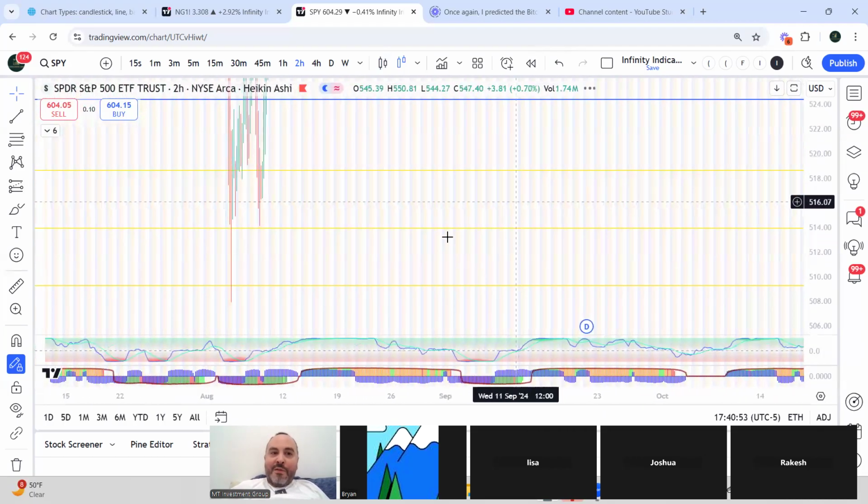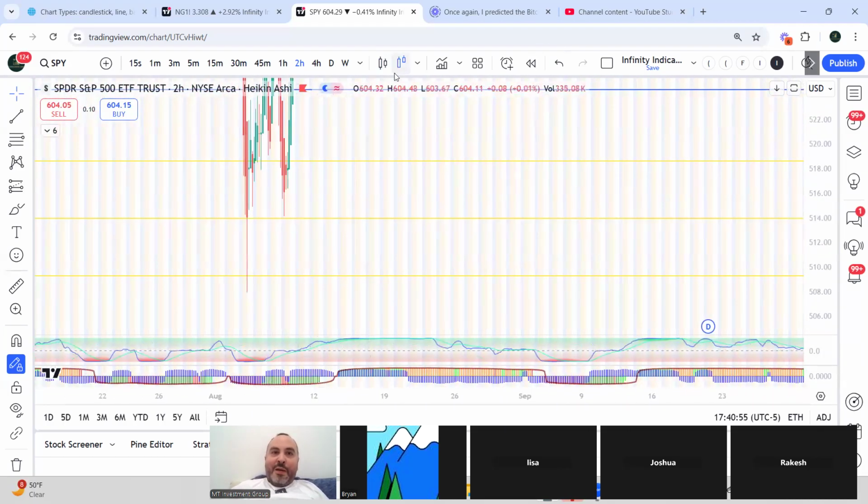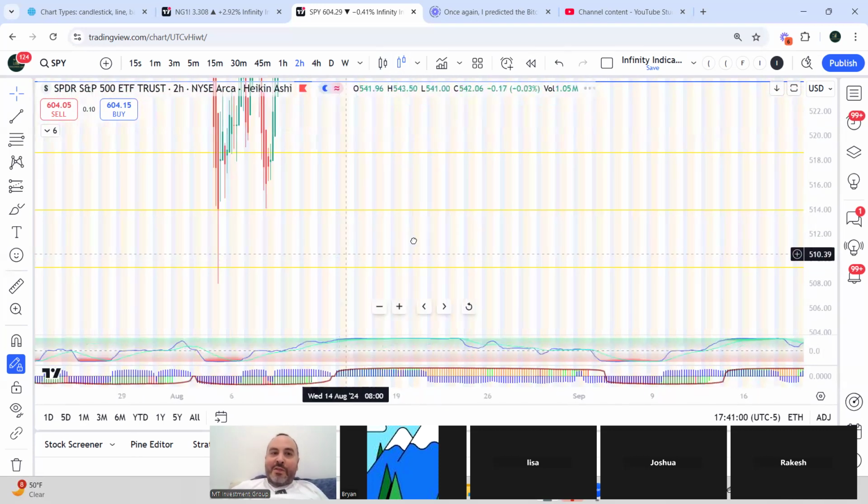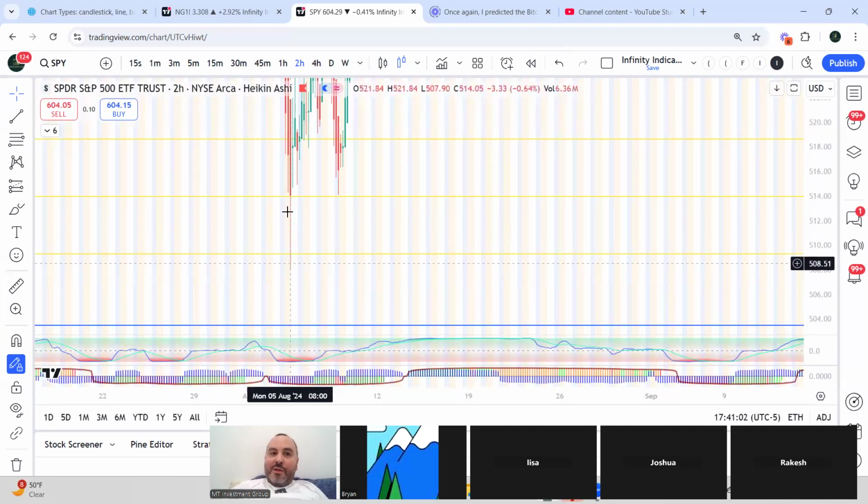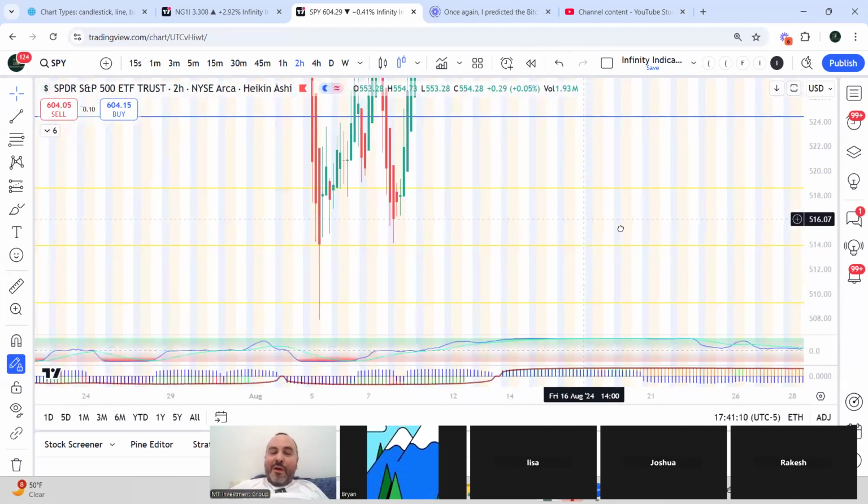So I'm going to keep it on Heiken Ashi because I don't feel like zooming in again, but it's essentially the same thing with a regular candlestick. Reading candles, you have buyers stepping in here. Yes, we bottomed here, but we're heading back up.